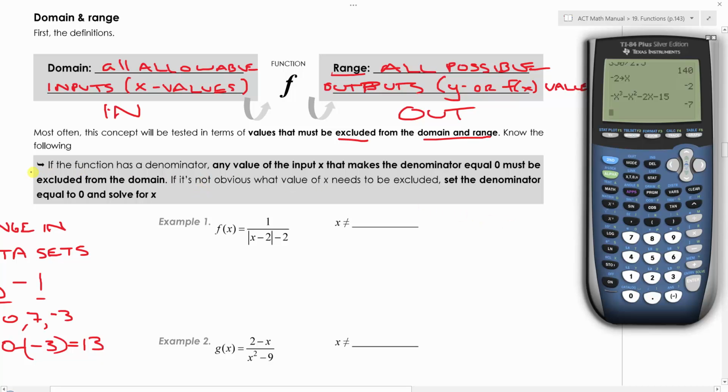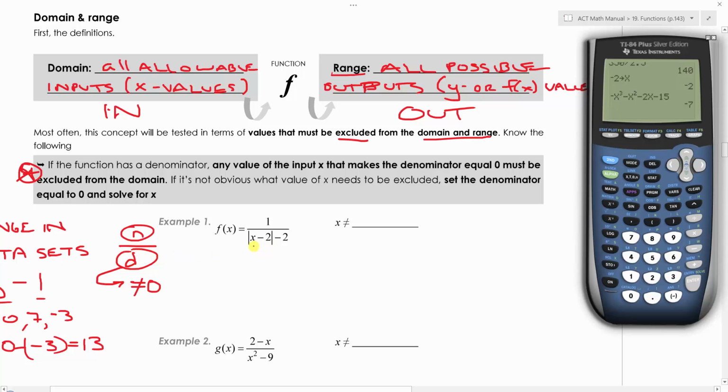The first thing that we need to understand is if you have a rational function, in other words, a function that has a numerator and a denominator, the denominator cannot equal 0, because remember, when a denominator equals 0, the fraction or the ratio is undefined.